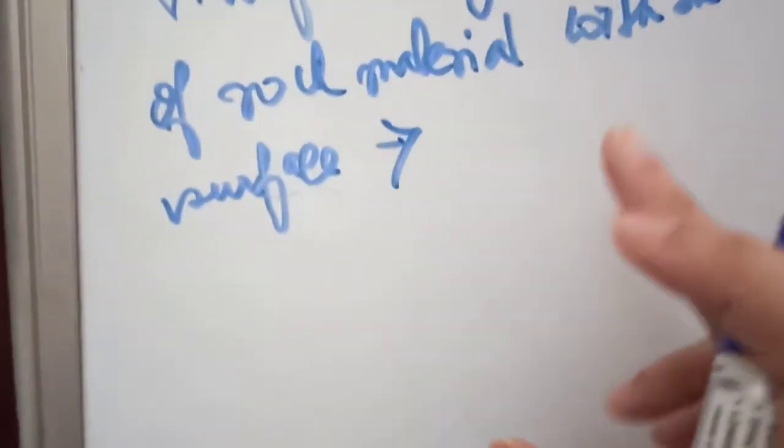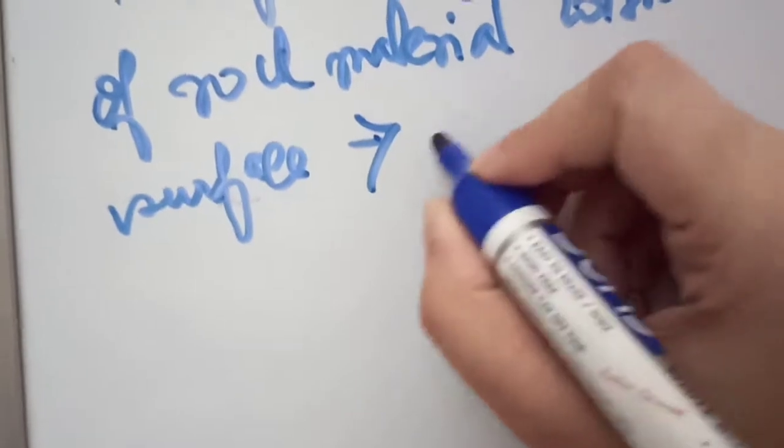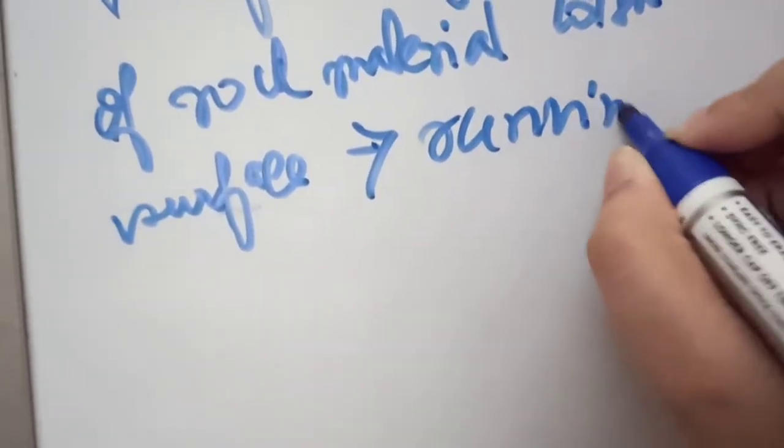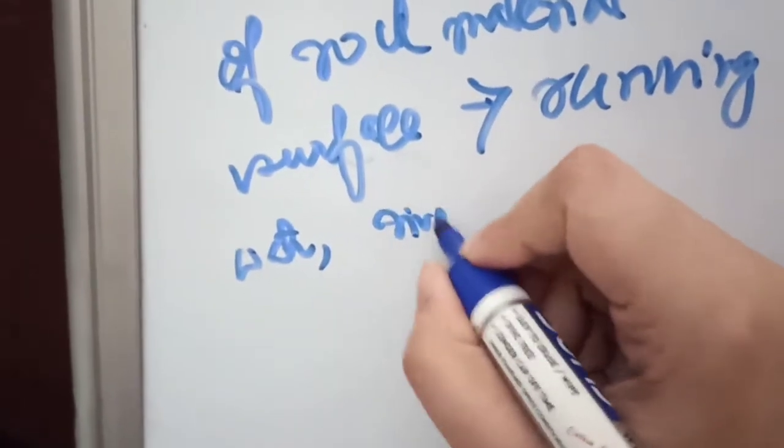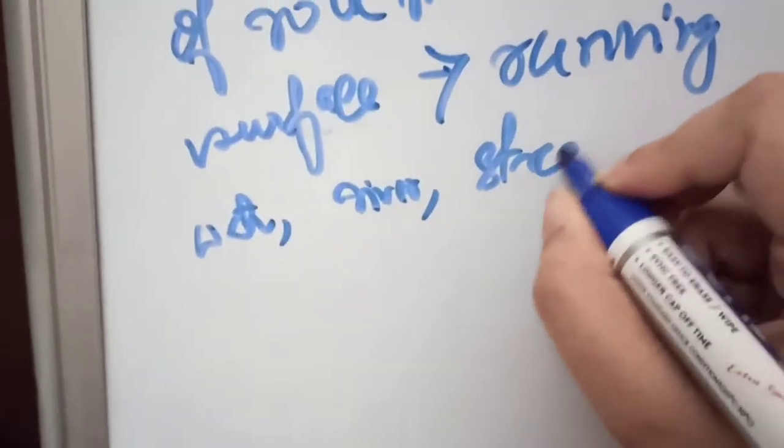And this mechanical erosion is done by agents of nature like running water, rivers, streams, etc.